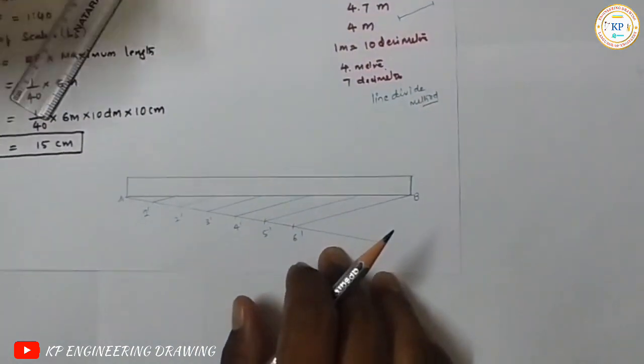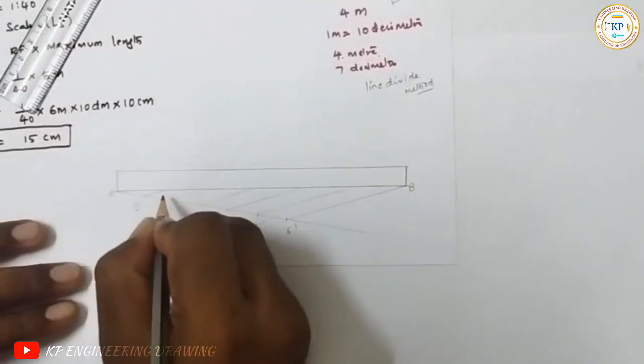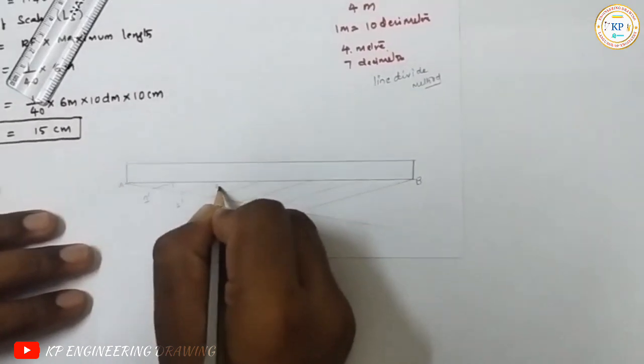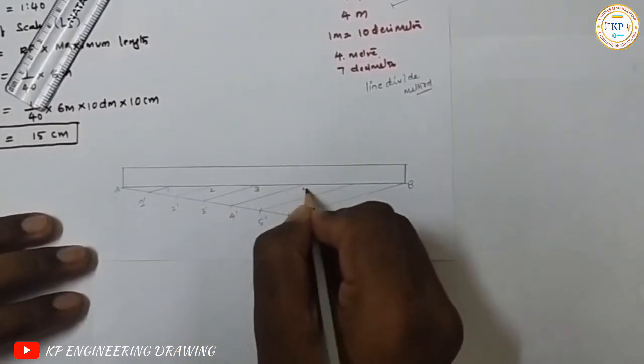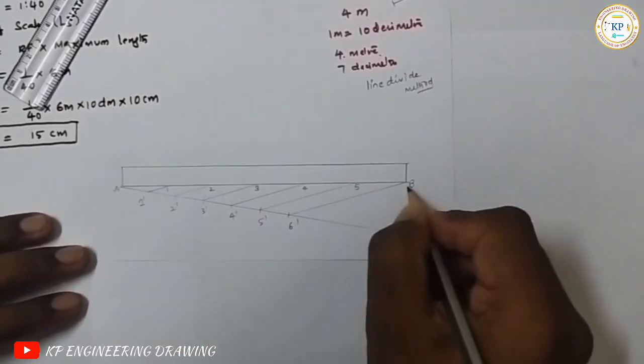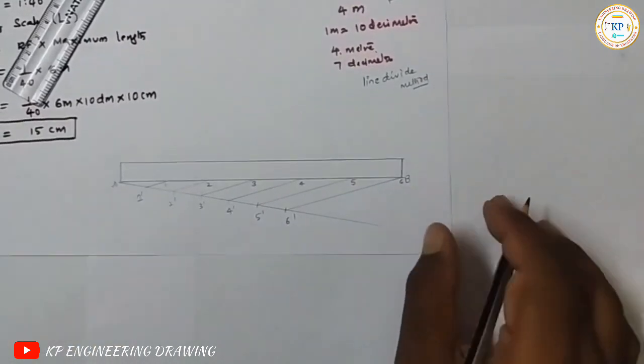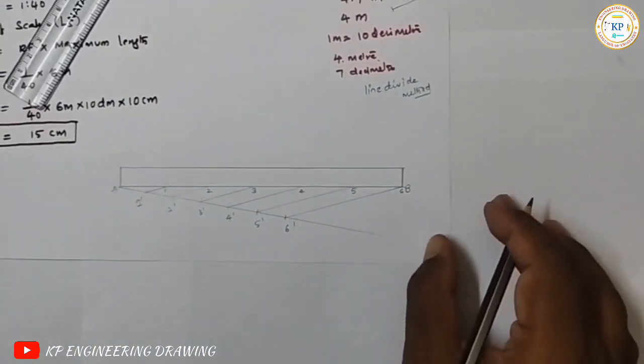So like this we'll get. So this is say 1, 2, 3, 4, 5 and 6. Okay. So we have divided into 6 parts.